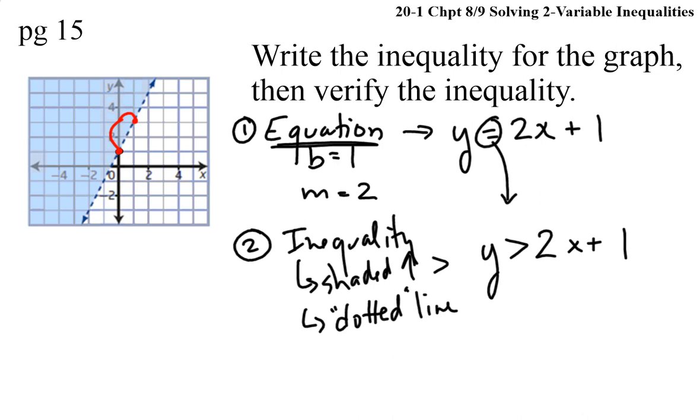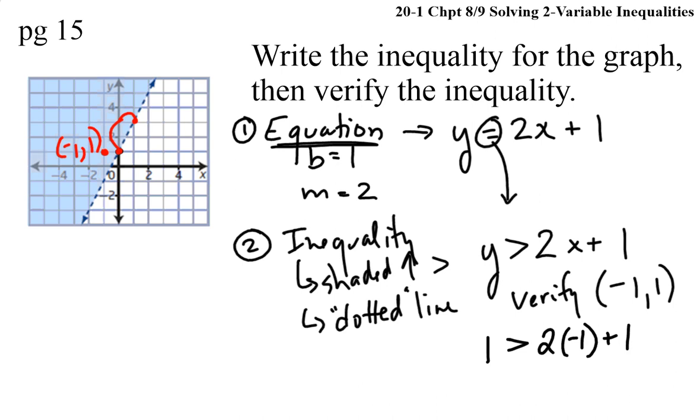So the last part, let's verify. Let's pick a point and see if we're correct. Well, I'm going to pick a point that's kind of close to my line. So that's the point (-1, 1). Now, (-1, 1) is in the correct shaded region. So for my verification, if I check with (-1, 1), y is 1, that should be greater than 2 times -1 plus 1.